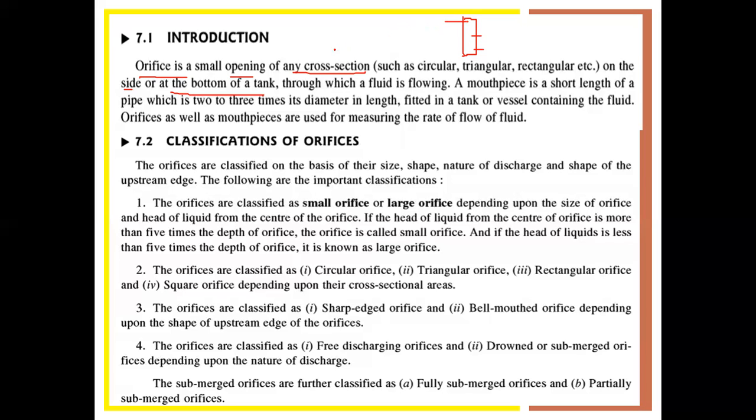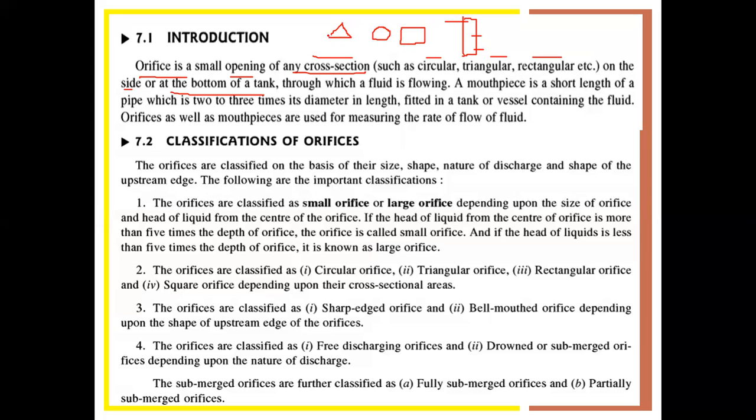If you see the cross section, it may be a circular cross section, a triangular cross section, or a rectangular cross section. When you cut this body, the cross section should look circular, or rectangular, or it may be a triangle type of object.